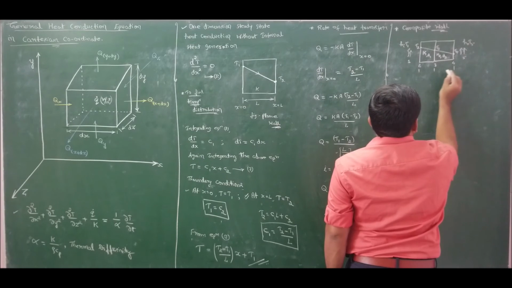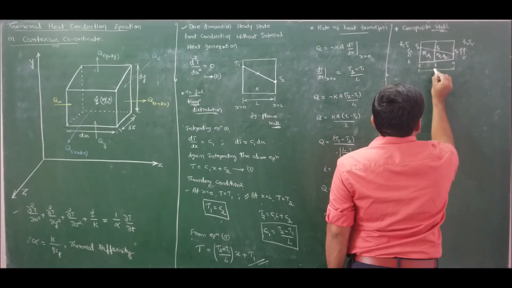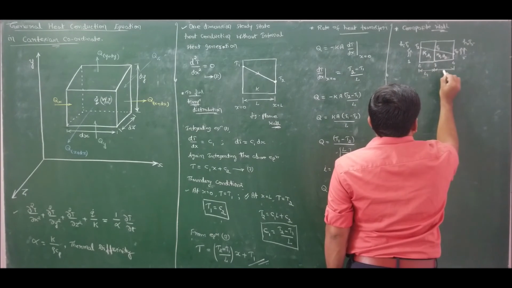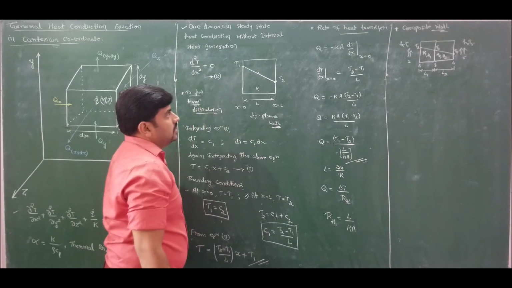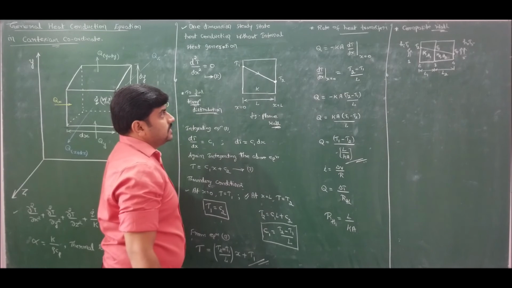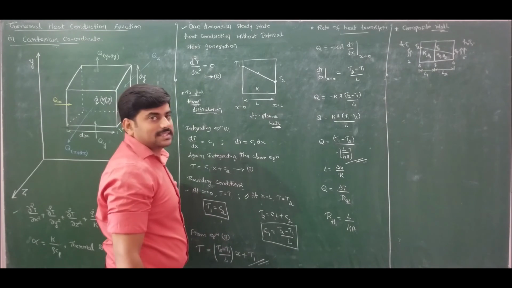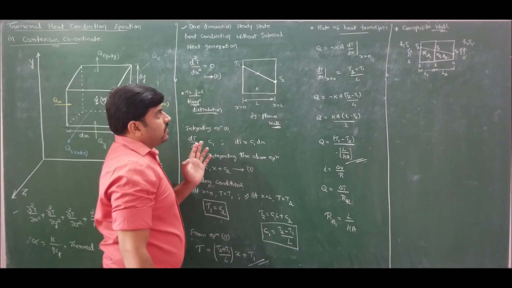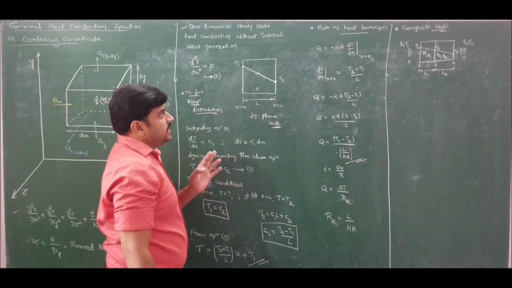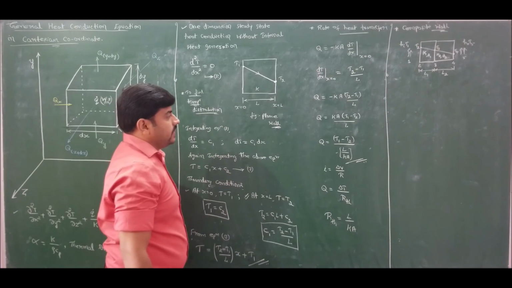Let the thickness of the first wall be L1 and thickness of the second wall be L2. Let us consider a plane composite wall subjected to convection on both sides. Let heat propagate from left hand to right hand. We will assume T1 is very high compared to T5.